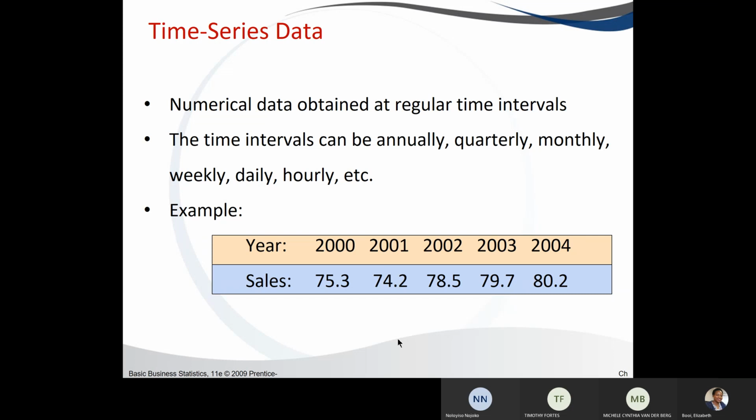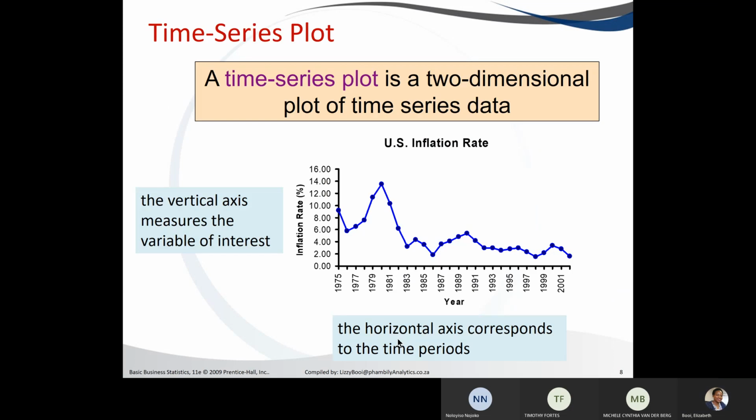With the data, you can plot it on a time series plot where you plot your numerical values on your vertical axis, and on your horizontal axis, you will plot the year, because we're tracking it over a period of years.